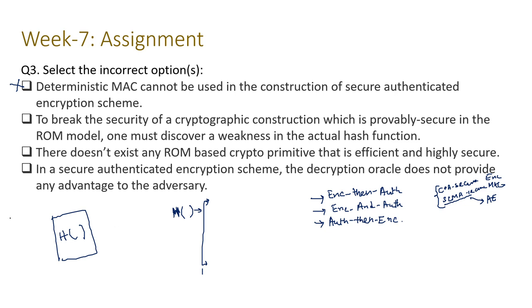Remember, for utilizing the hash function as a random oracle, we assume that the internal functionality of the random oracle, which is the hash function here, is not known. That is our assumption.